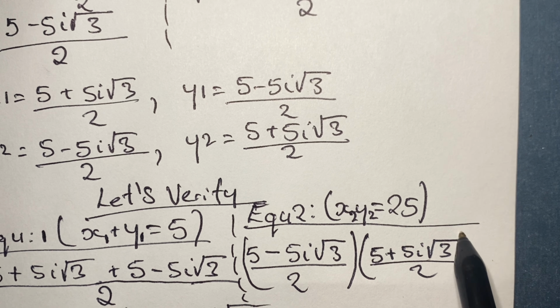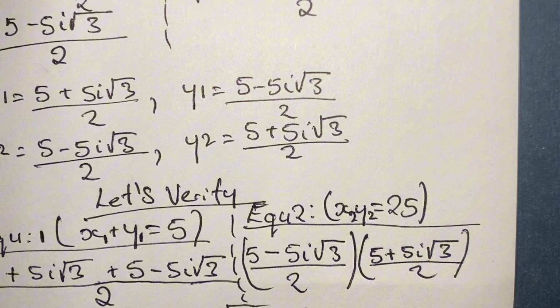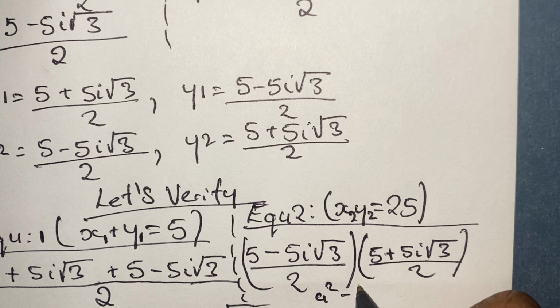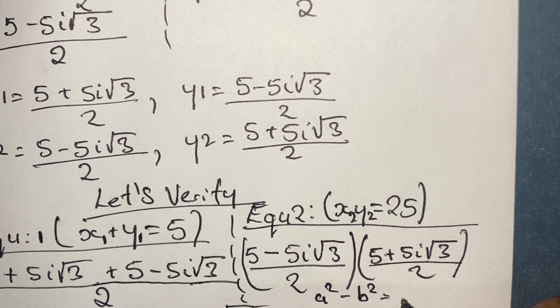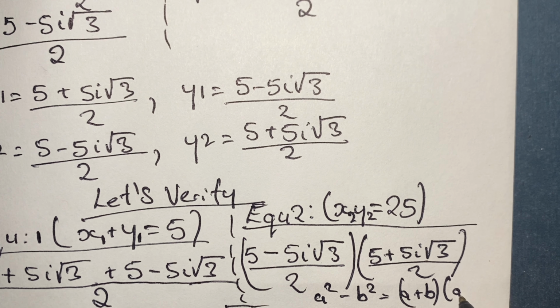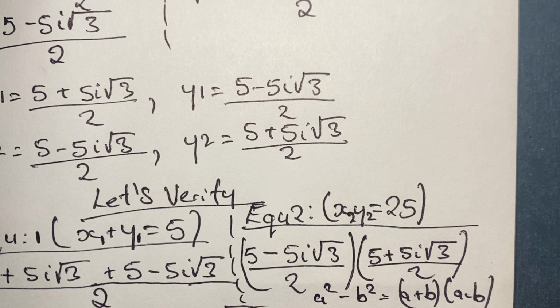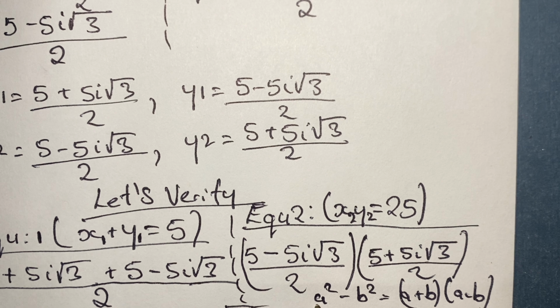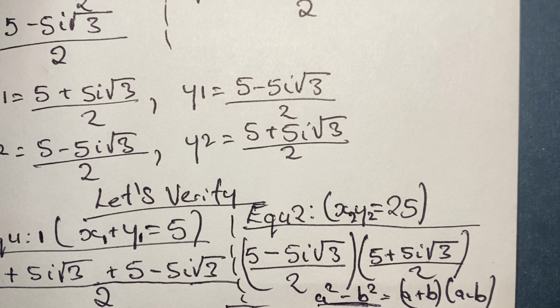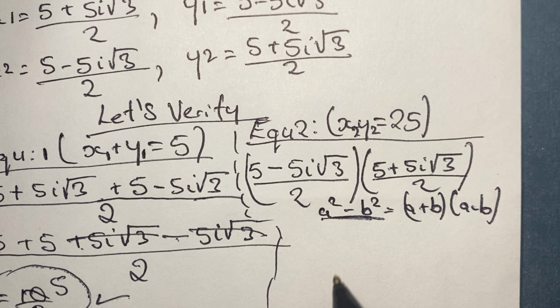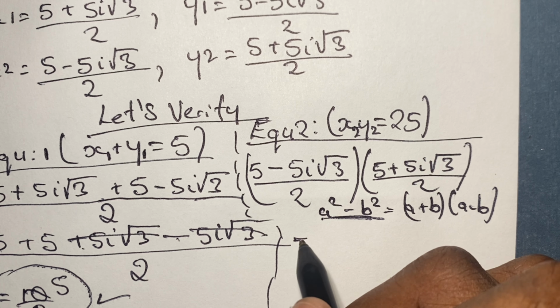Now if you look at our pairs of brackets, the only thing that is different is that in one bracket we have one being negative and one being positive. If you look closely, this is an example of what we call the difference of two squares, where a squared minus b squared is equal to a plus b in one bracket, and a minus b in another bracket. So I'll be using this to simplify our equation.